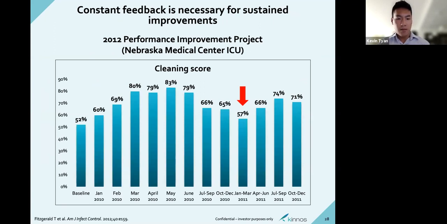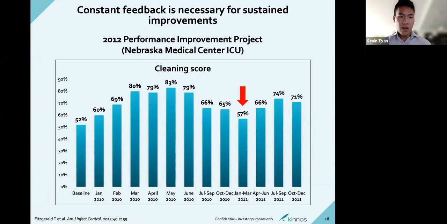And so I mentioned this continuous concept because we've seen in the past how cleaning improvements really cannot be sustained without systemic changes and constant feedback. So this was a study published in AJIC out of Nebraska Medical Center in 2012. It was a QI project that was aimed at improving EVS performance, and they measured this through UV fluorescent marker removal on 15 ICU objects.